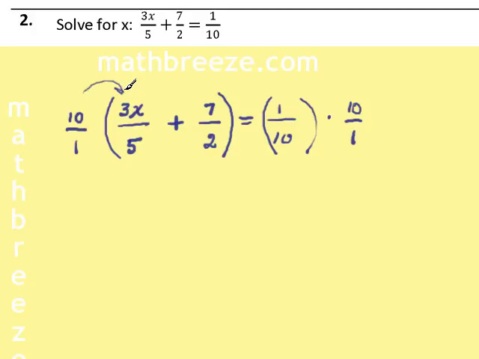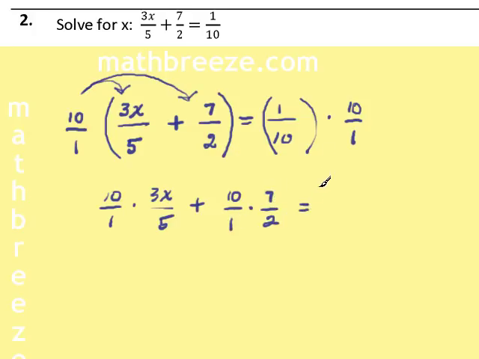All right, let's do the distributive law. The important thing is that this 10 should multiply through the entire set of parentheses. So let's do that. So we have 10 over 1 times 3x over 5 plus 10 over 1 times 7 over 2 is equal to, and on the right hand side we can just cancel these 10s and we have 1.